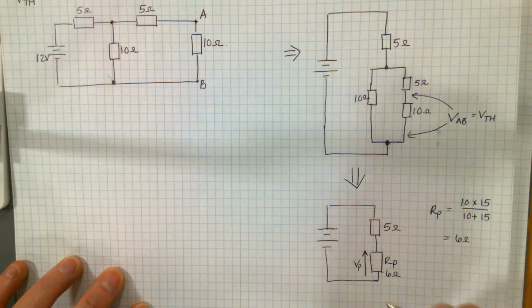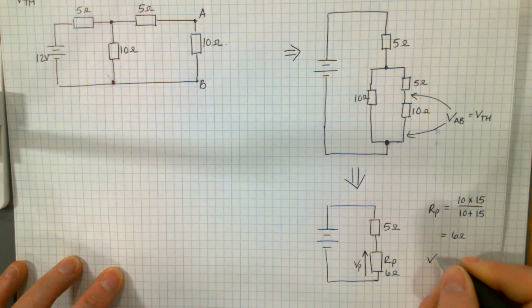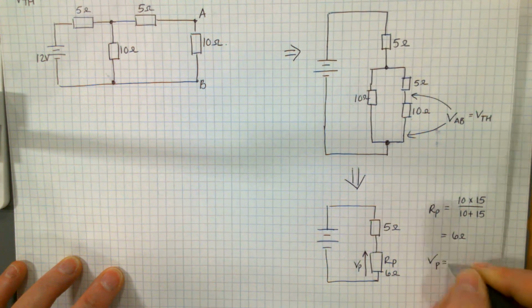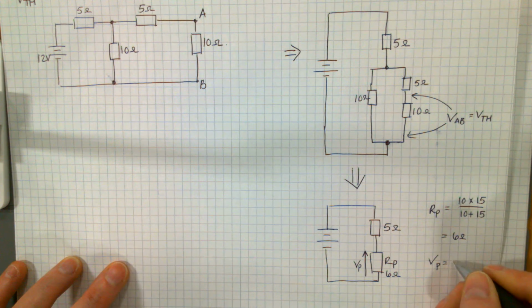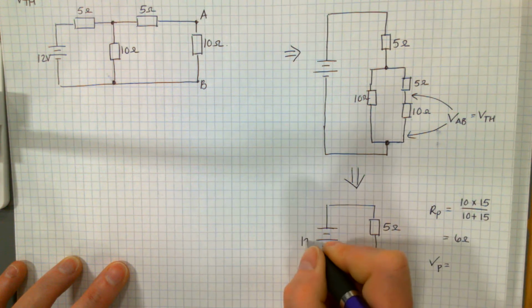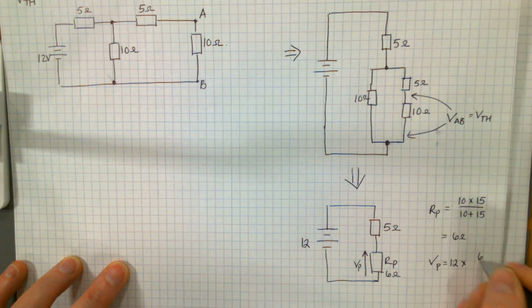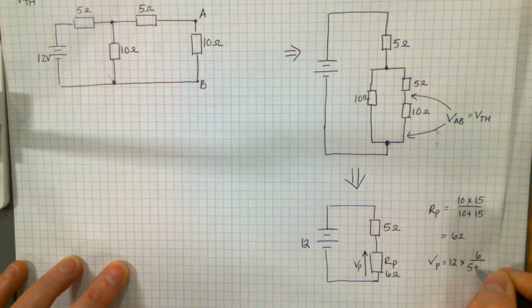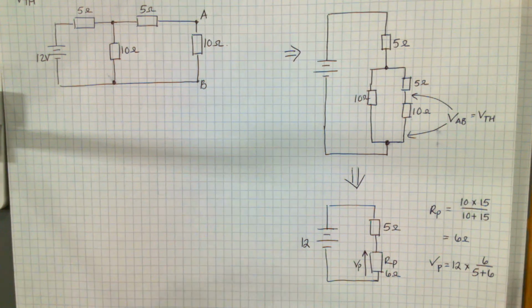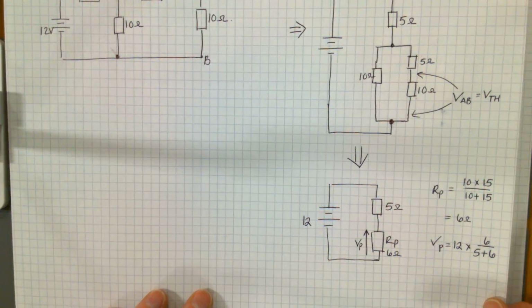So then to get your VP, you would do the voltage, which is the supply voltage there that you're going to divide over the 2 and added together in the series string.